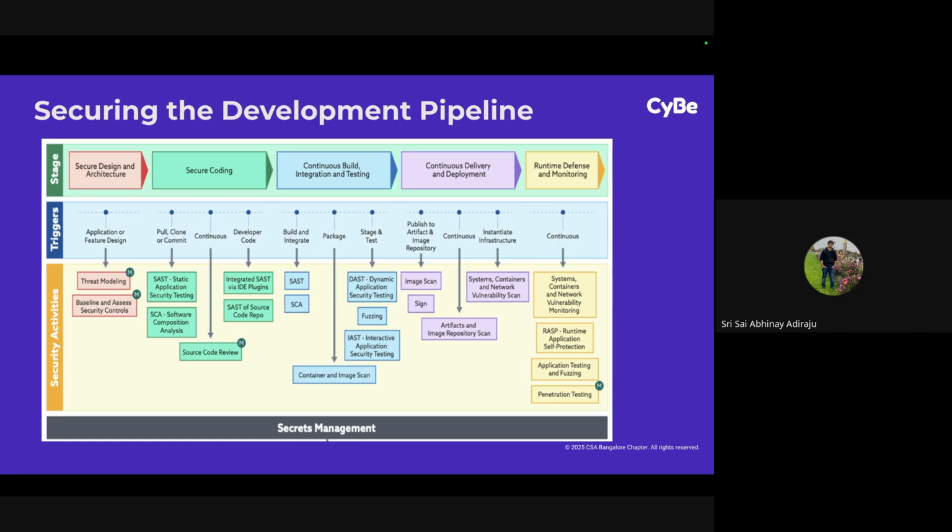All of these secrets and credentials should be handled in a centralized manner in a secret management solution, and they have to be fetched at runtime in order to be able to access those systems. So this is the entire software development pipeline.